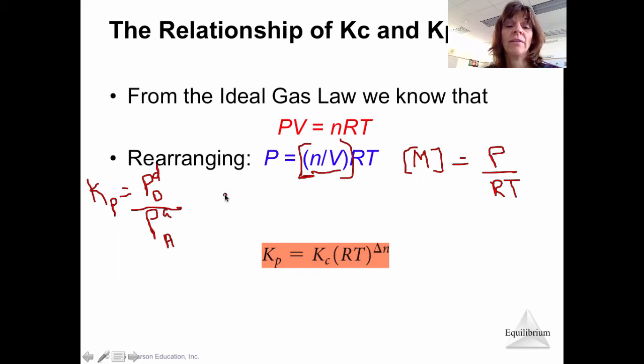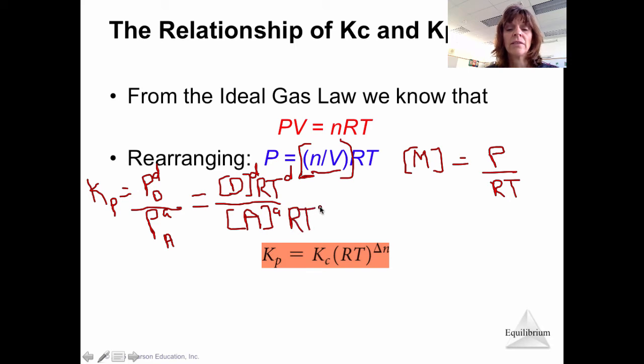Not going to use 4 things, just use 2. So I'll put in, let's say, concentration of D, which represents this n over V, raised to the d, but then also times RT, the gas law constant times the temperature. And this would be concentration of A raised to the a, this one's raised to the d also, times RT raised to the a.